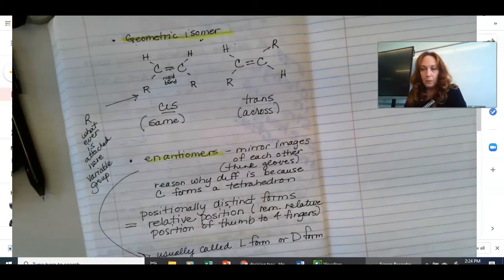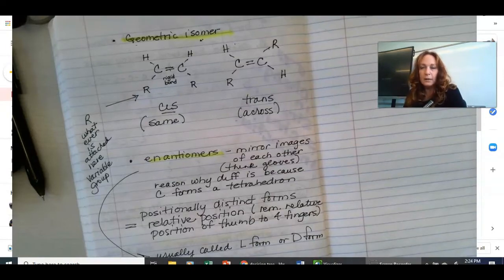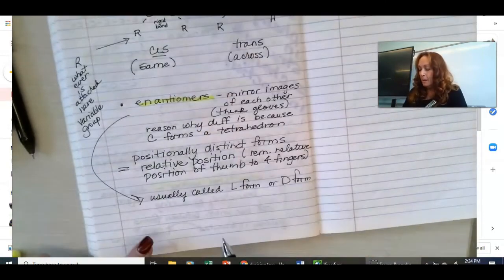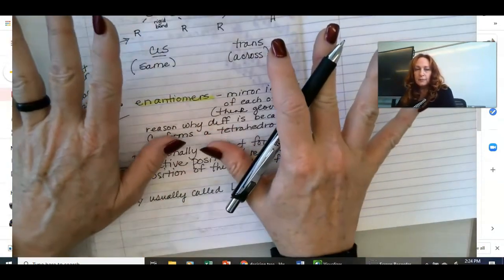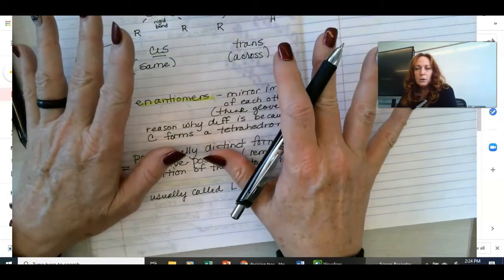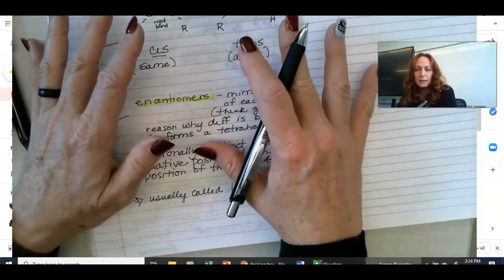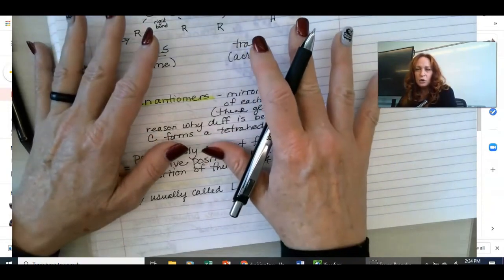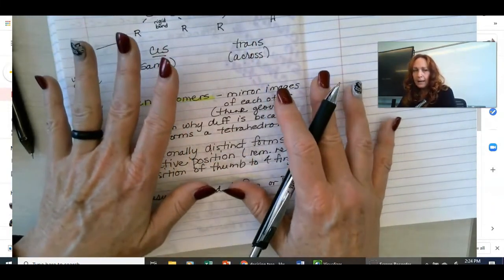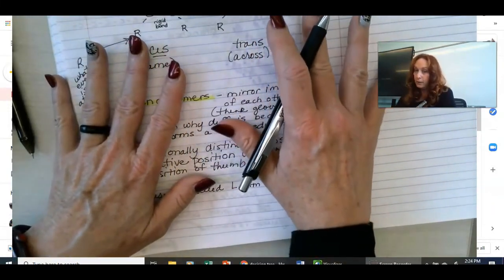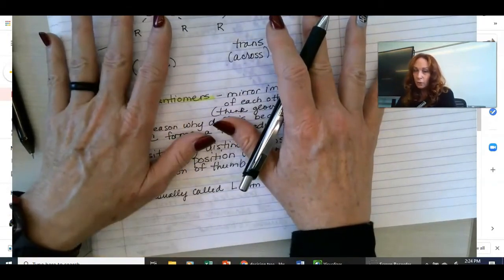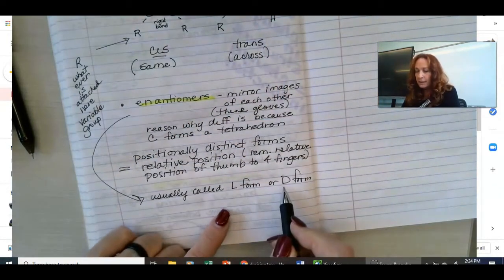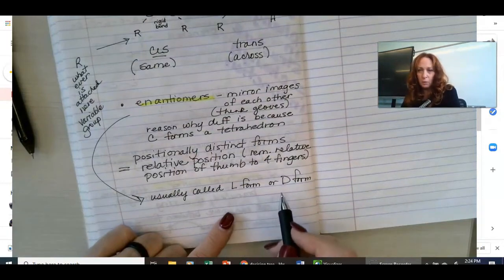And they'll make both. And for us, only one is biologically active. And the reason is this. Because they're mirror images of each other, the molecules have to fit into an enzyme pocket, into the active site. And just like what my right hand would fit into, my left hand will not. One of these forms will fit and the other one will not.